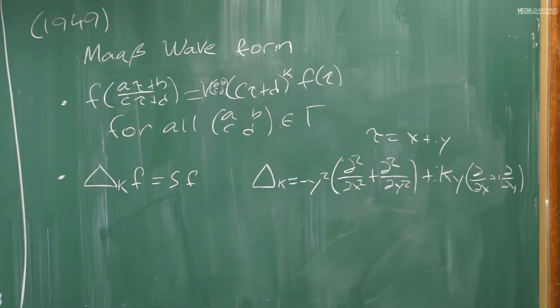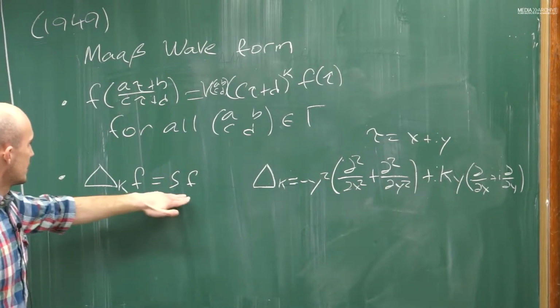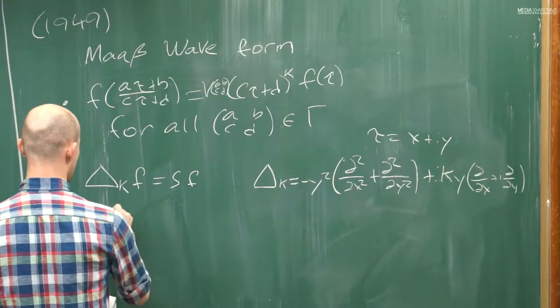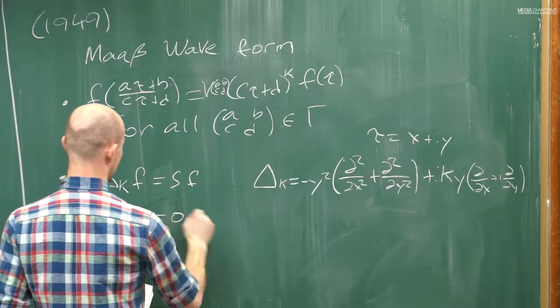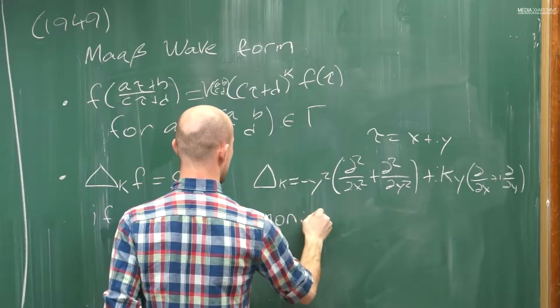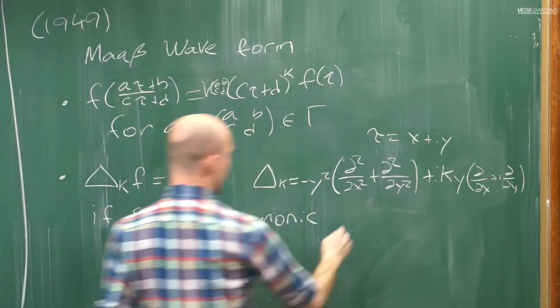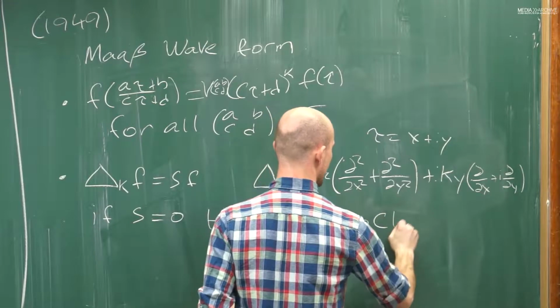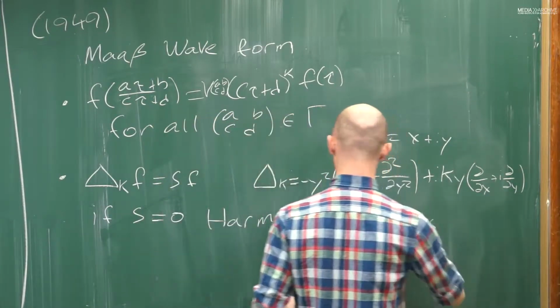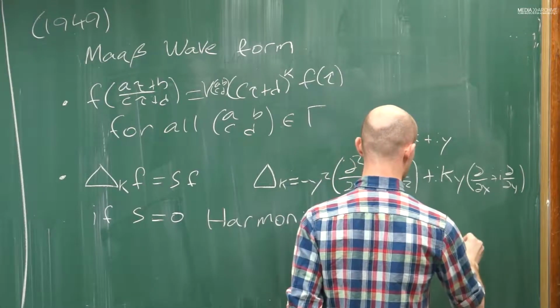Great. So it should just be an eigenfunction for the Laplacian. If the eigenvalue s is equal to 0, we call this harmonic. And notice that this includes classical holomorphic or weakly holomorphic modular forms.